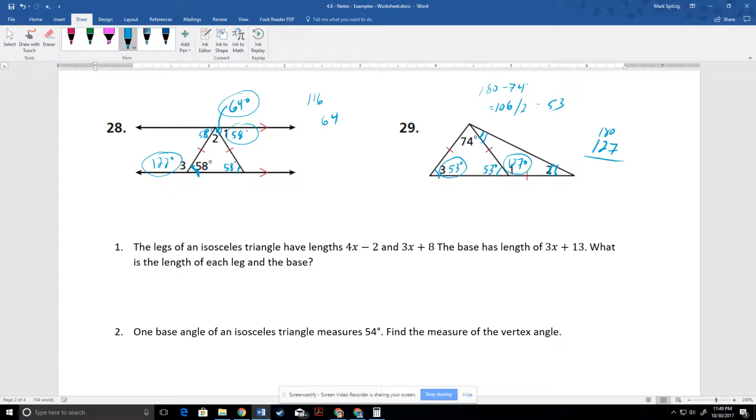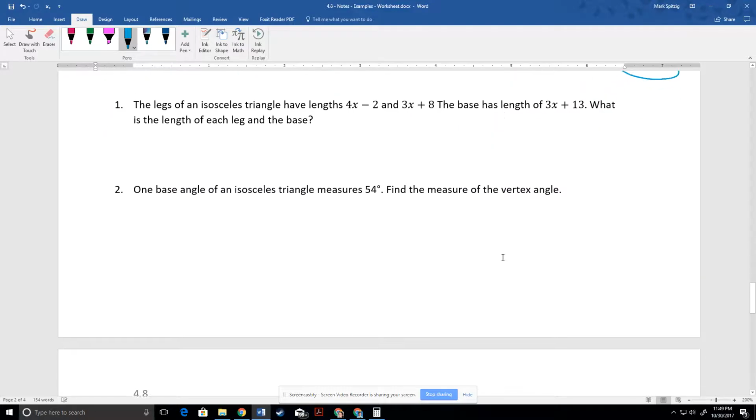Right, and we get 53, and then split it in half, so we get 26.5. So 26.5 is perfectly fine. Each one of those would be fine, including angle 2. So 26.5 is angle 2, 127 we have for angle 1, and 53 for angle 3.